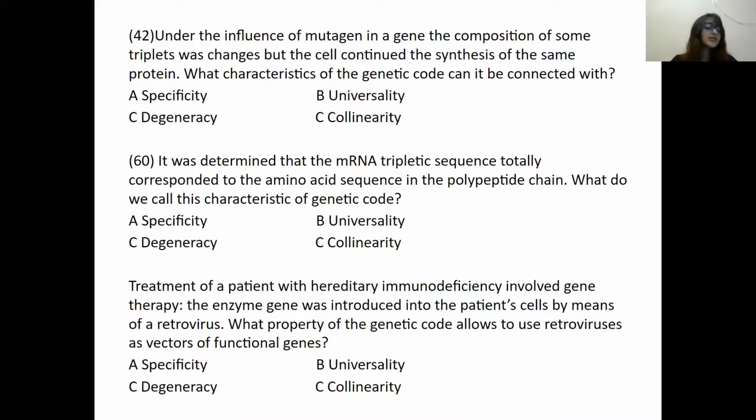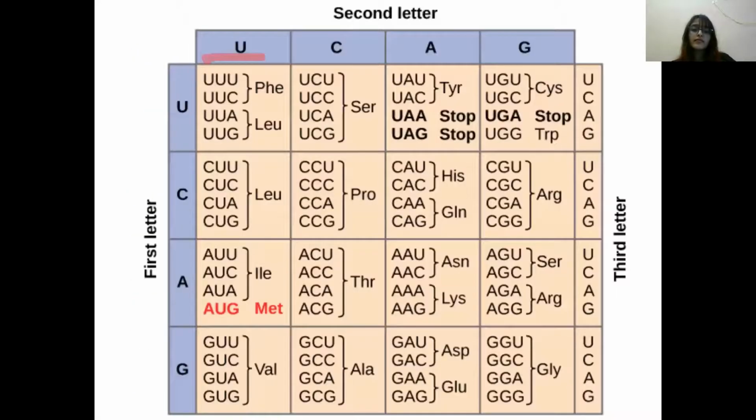Let's read some questions. These are questions from the ministry book. Question number 42. Under the influence of mutation in a gene, the composition of some triplets was changed, but the cell continued the synthesis of the same protein. Now why? They're saying some mutation happened and the cell was still synthesizing the same amino acid.